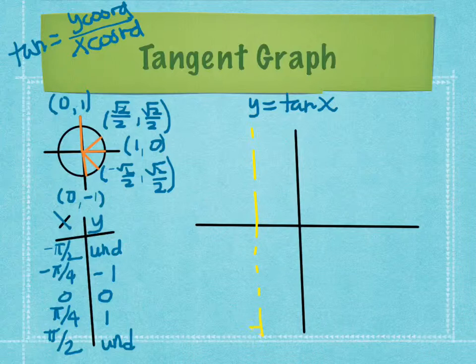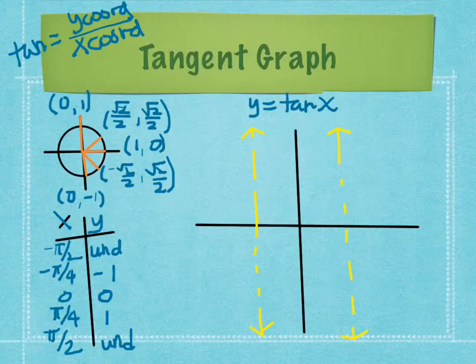Sorry, the iPad likes to connect my dotted line to make it a full line, but it should be dotted. That's at negative pi halves, and then we need one over here at pi halves. In between, we're supposed to have a point 0, 0. At negative pi fourths, it should be negative 1, so here we are right there.